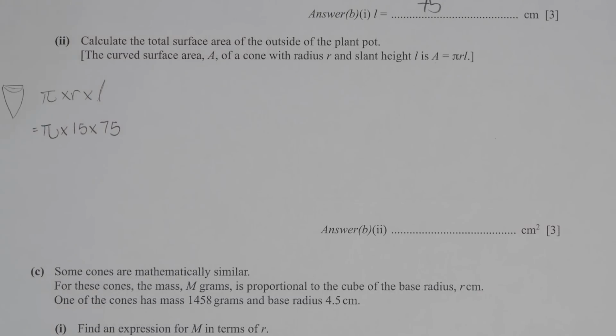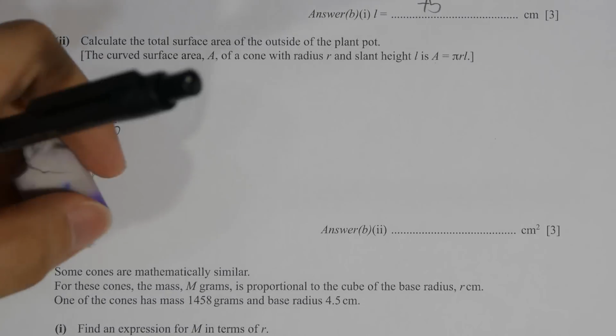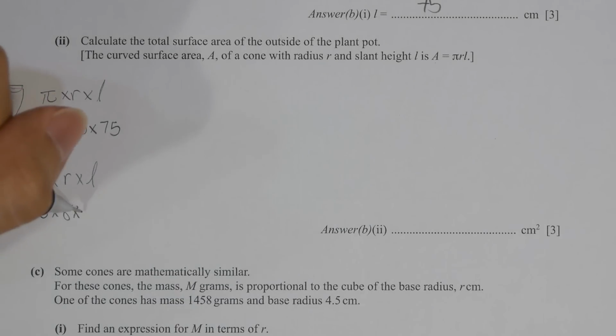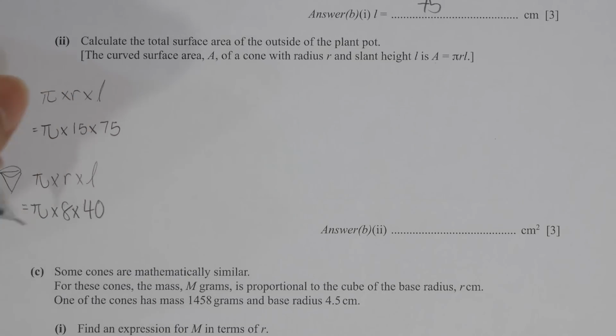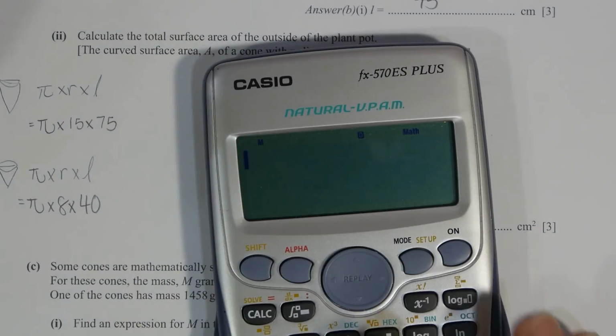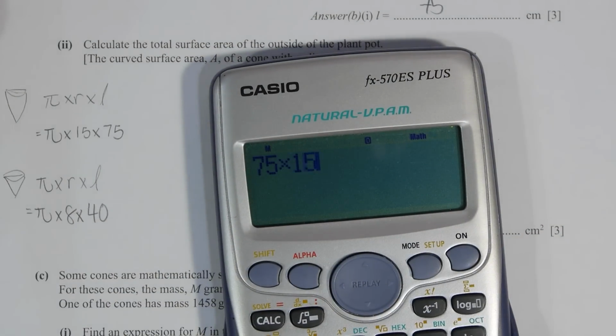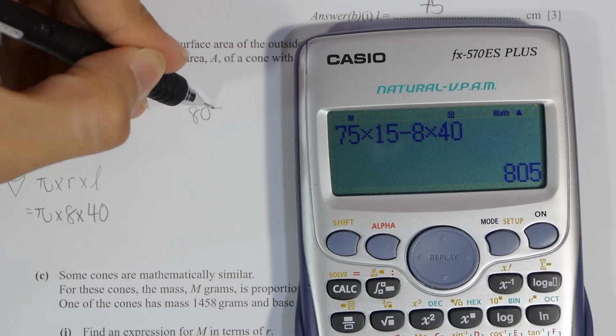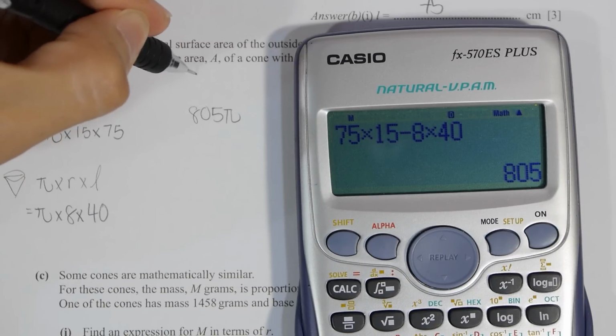For the smaller one, it is pi times r times l, equals pi times 8 times 40. Find that difference, then you will get 805 pi. However, this is not the end, because the bottom of the pot you're also required to calculate.